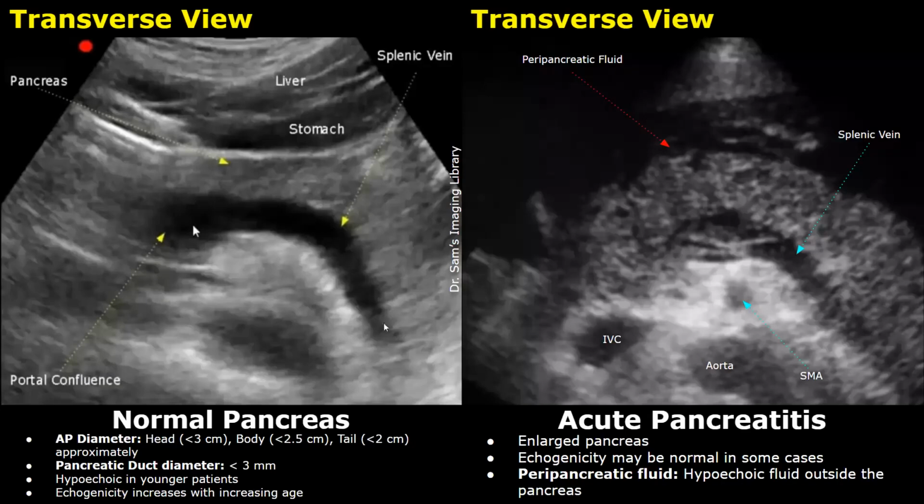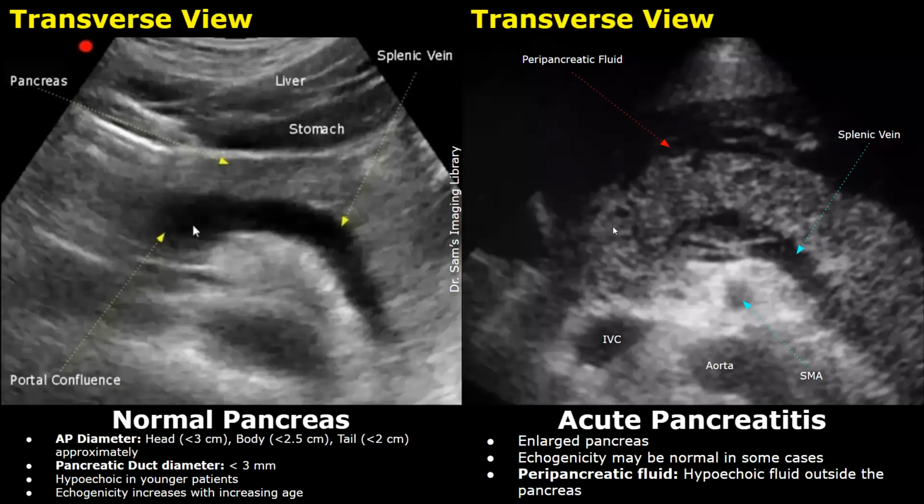This is the splenic vein. Behind the body and tail, the superior mesenteric vein and splenic vein join together to form portal confluence or SMV and splenic vein confluence. In the image on the right, we have a case of acute pancreatitis.